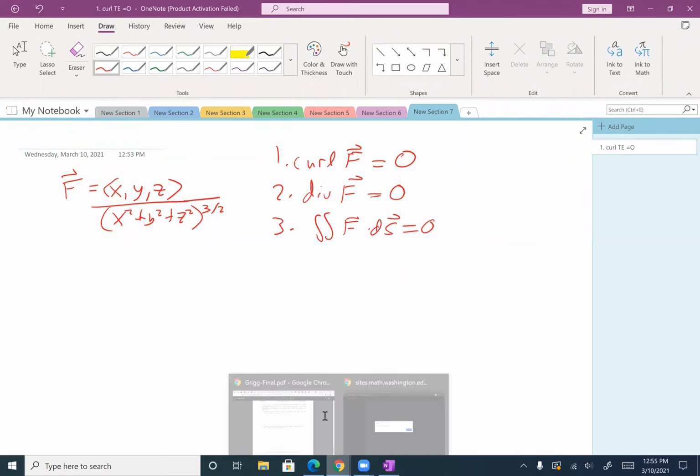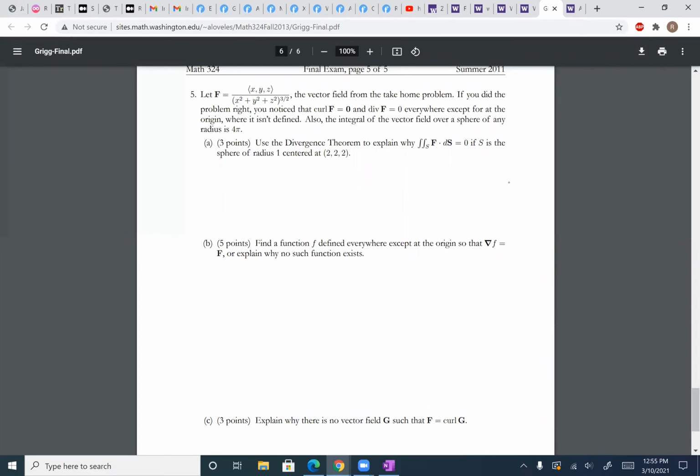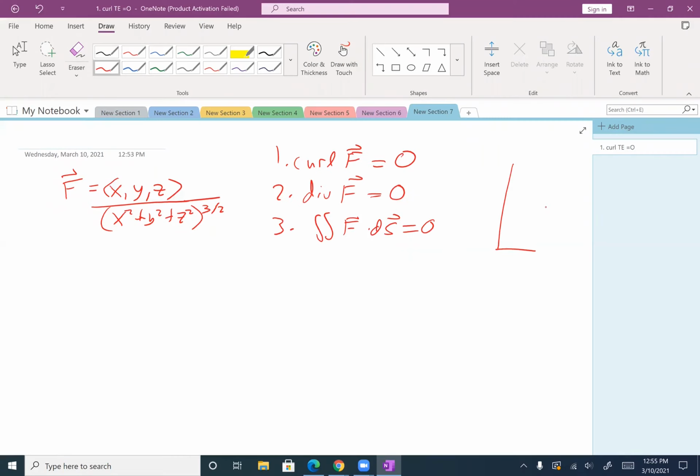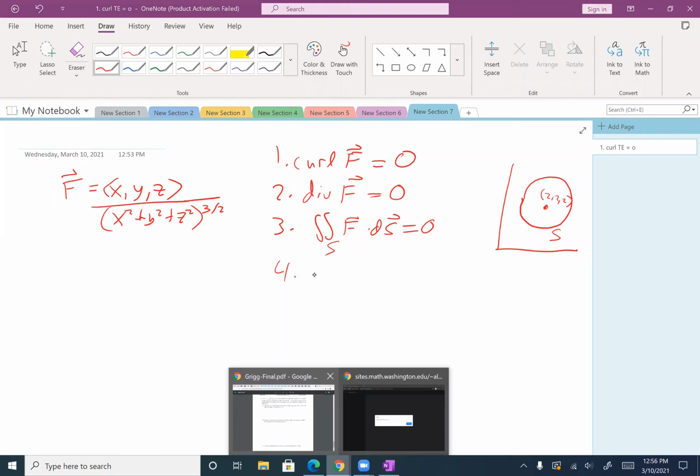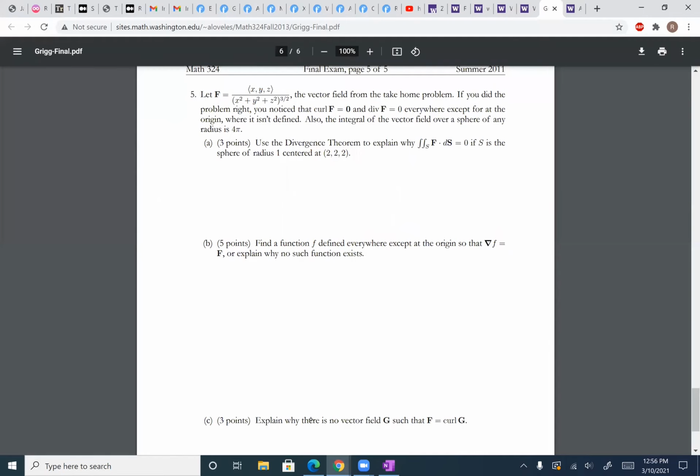If we look at the sphere centered at 2, 2, 2, that's an oversimplification of what 2, 2, 2 is, but you get the idea. And let's just label that as S. And finally, there is no vector field, so it has a curl.